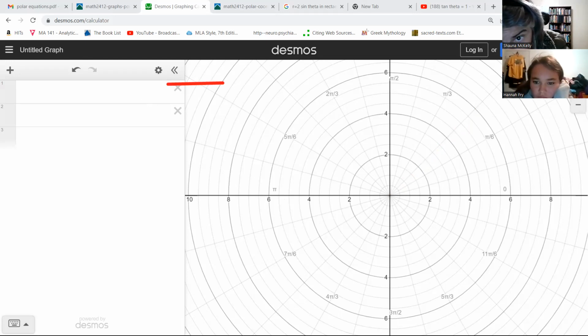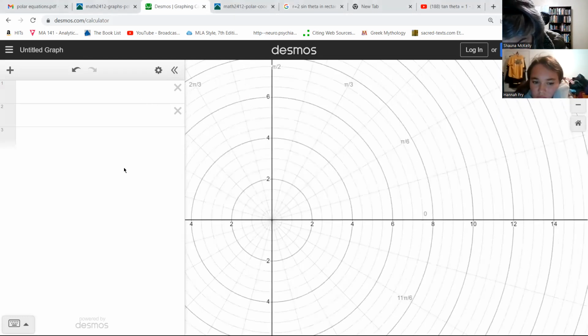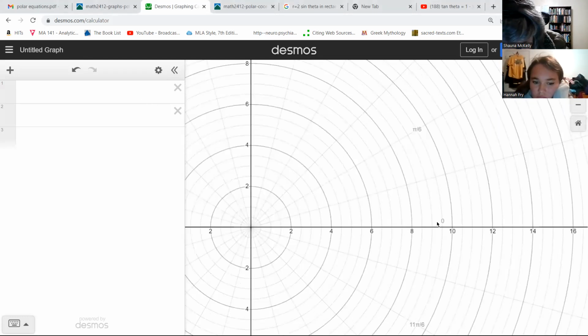Theta being 0 degrees means that I'm essentially graphing this axis. I'm looking at 0 degrees and I'm graphing the x-axis. But now tangent of theta is 0, right?